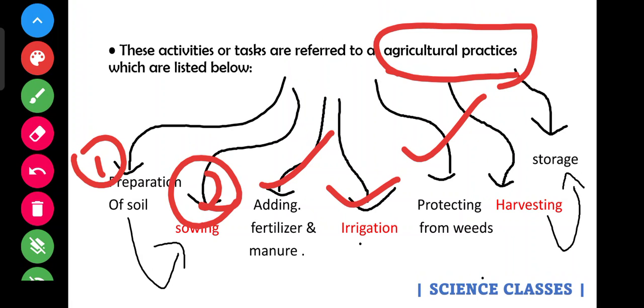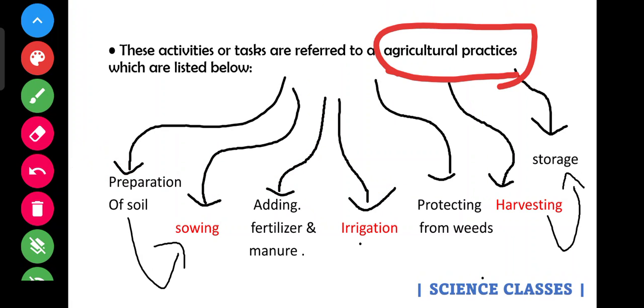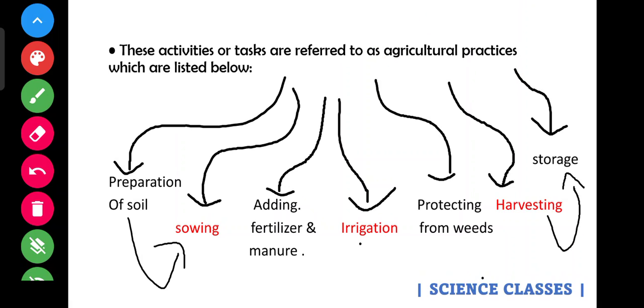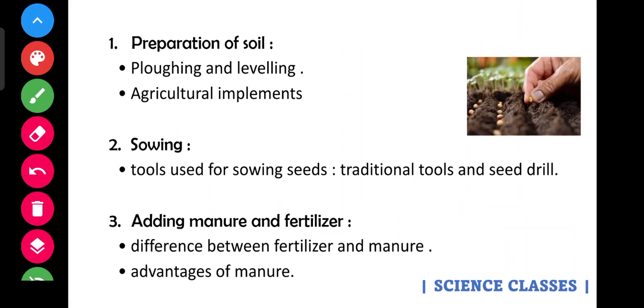These are called weeds, and these weeds can be killed by weedicide. The sixth step is harvesting, and the seventh step is storage. So these are the activities involved in agricultural practices. In the following videos, I'll be explaining each of these practices in detail. So let's move on to the next slide.